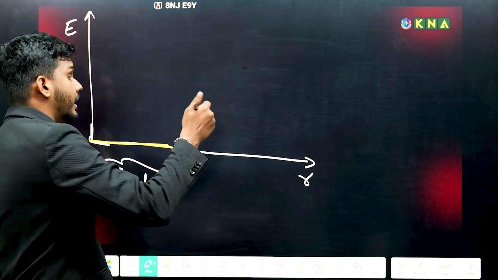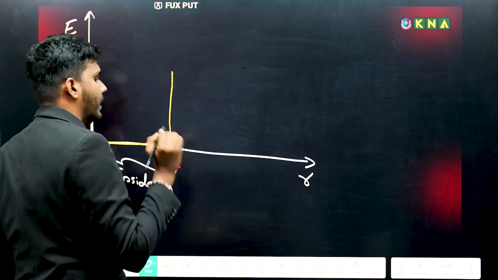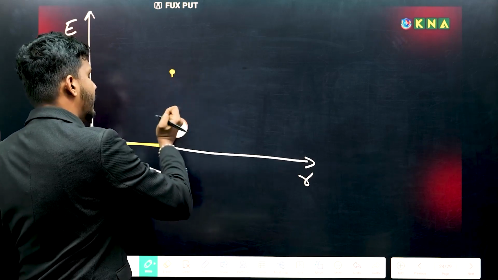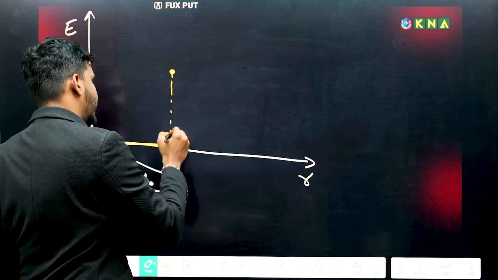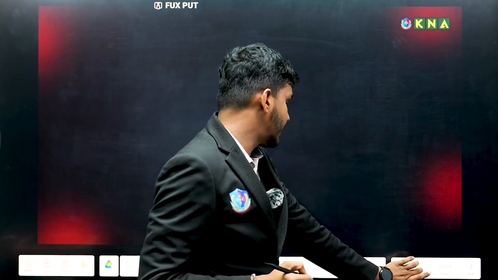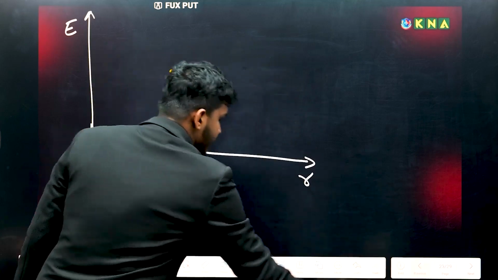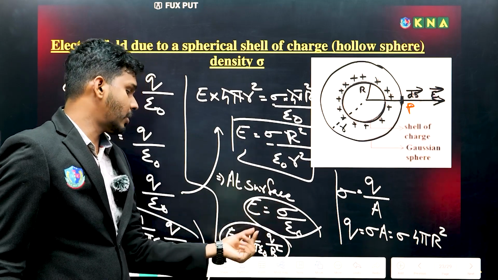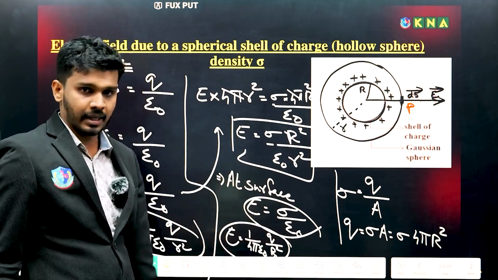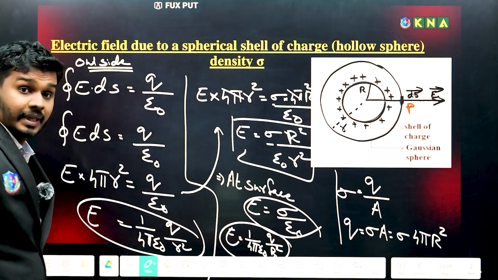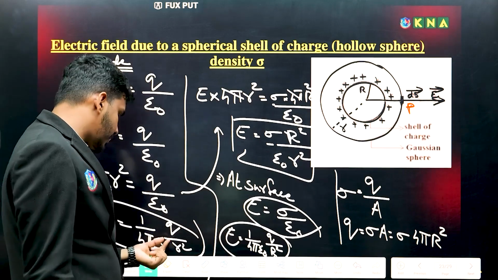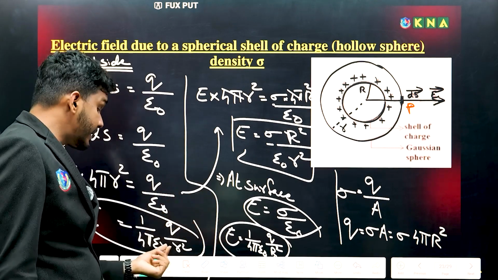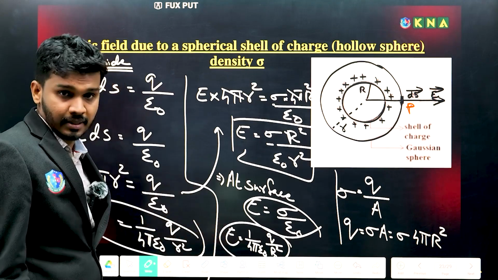And at R, the electric field becomes a large value, because at R the electric field is sigma by epsilon naught, or 1 by 4 pi epsilon naught into Q by R square. Then outside the surface, electric field is 1 by 4 pi epsilon naught into Q by small r square, that is inversely proportional to R square.